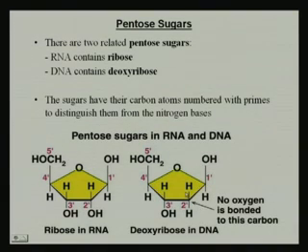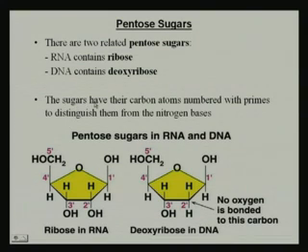See, in the second carbon of ribose you see one H and OH, but in deoxyribose you see the oxygen is missing. No oxygen is bonded to this carbon atom, and that is the reason why it is called deoxyribose, which is present in the DNA molecule.